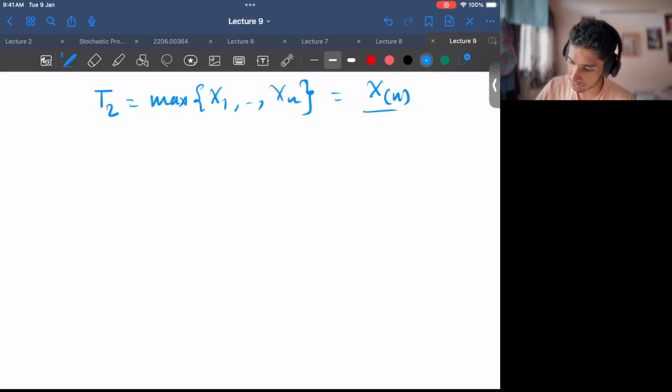It's simple. You always start with the CDF. What is the probability of x sub n less than or equal to some small x?